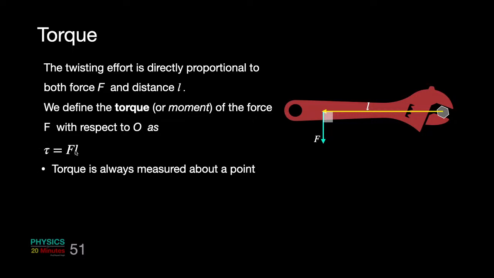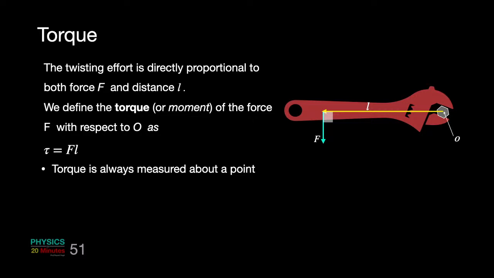Some important points about torque we must always remember whenever you are calculating. Torque is always measured about a point. So it's very important that whenever you are calculating torque, you have to measure it according to some point.